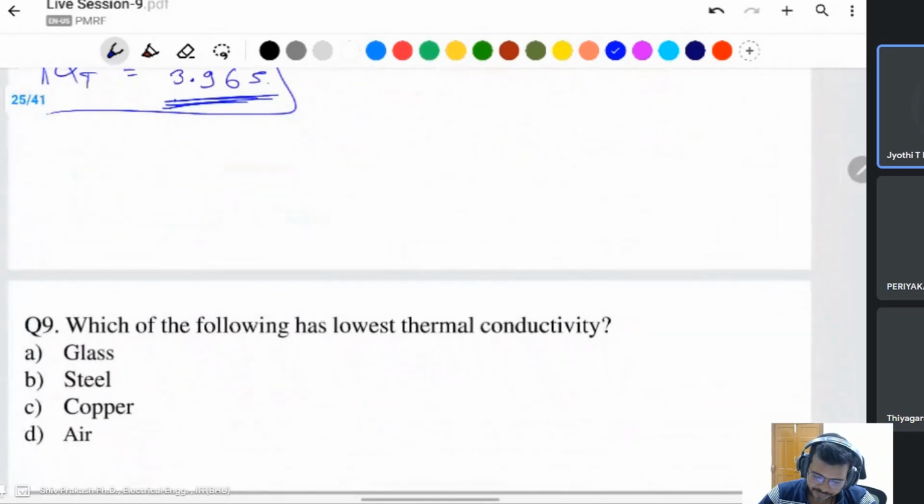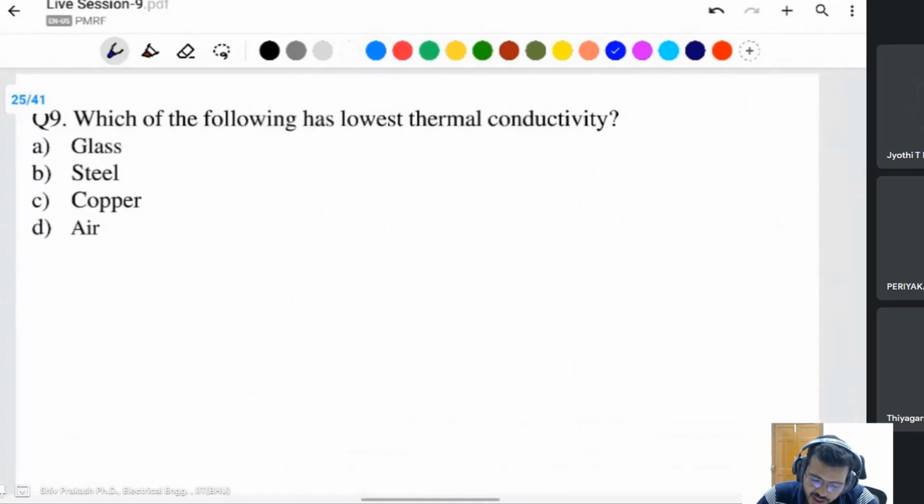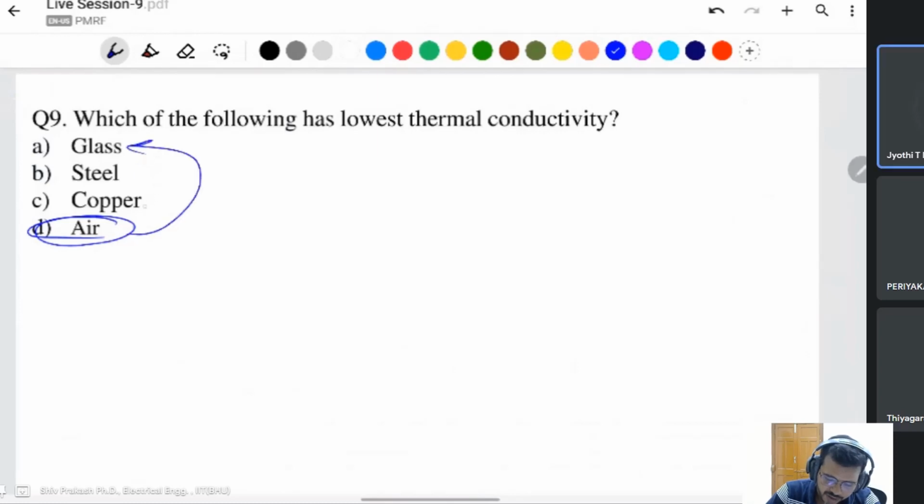Okay. And the next question: which of the following has the lowest thermal conductivity? Air. Air has the lowest, yes. After that come glass, then steel, then copper.